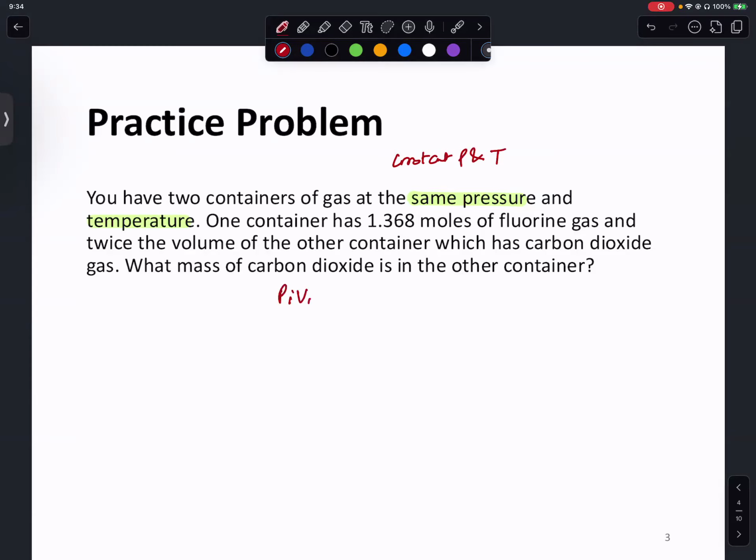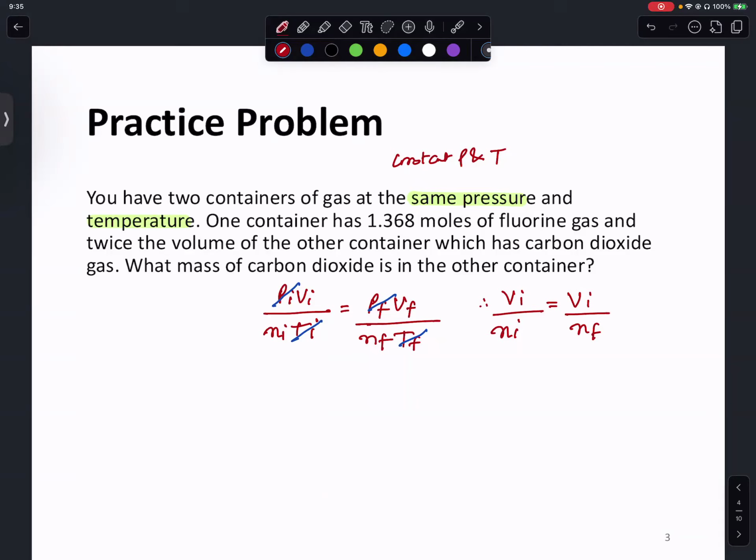If I write my combined gas law right here, that means the pressure and temperature will cancel, and therefore I'm working with the volume and moles. So in this case, really, I'm working with Avogadro's law.